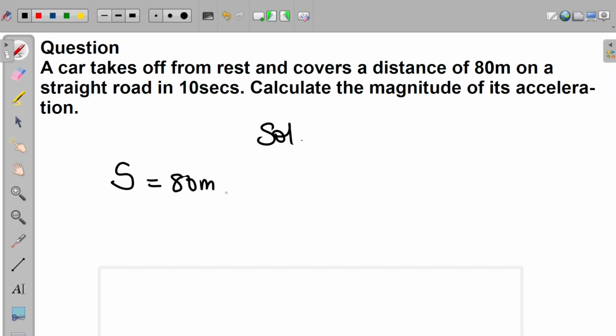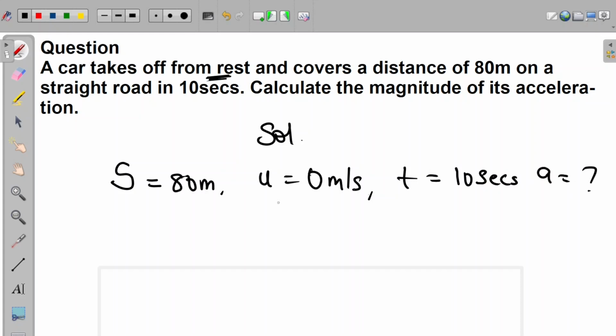The car takes off from rest, so we are given that the initial velocity is equal to 0 meters per second. And also the time is equal to 10 seconds. So we are asked to obtain the value of its acceleration.